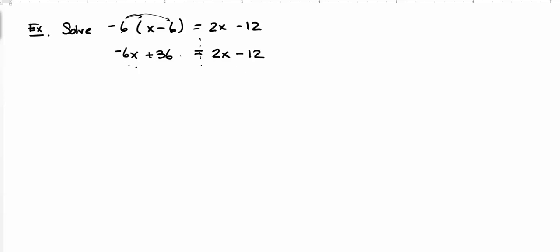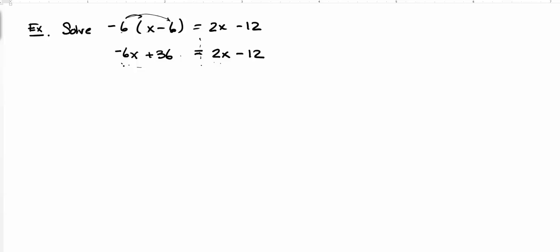So here I can't simplify anything on the left, I can't simplify anything on the right, so I'm going to start moving things across. Now it doesn't matter what direction I move. I can collect all my constants on the left and my variables on the right, or vice versa. I can collect my variables on the left and my constants on the right. If I look over here, I see that I have a negative 6x, and over here I have a positive 2x.